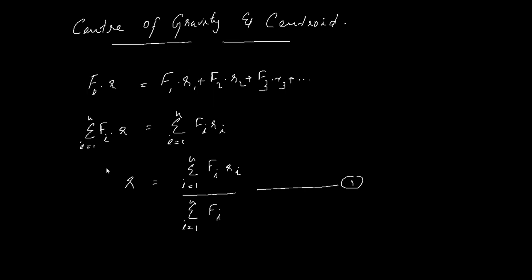So what we are finding out here is the distance of the resultant force from a point. So this resultant force is the sum of all these forces. Now, how can we relate this to center of gravity? Let's see what center of gravity is.